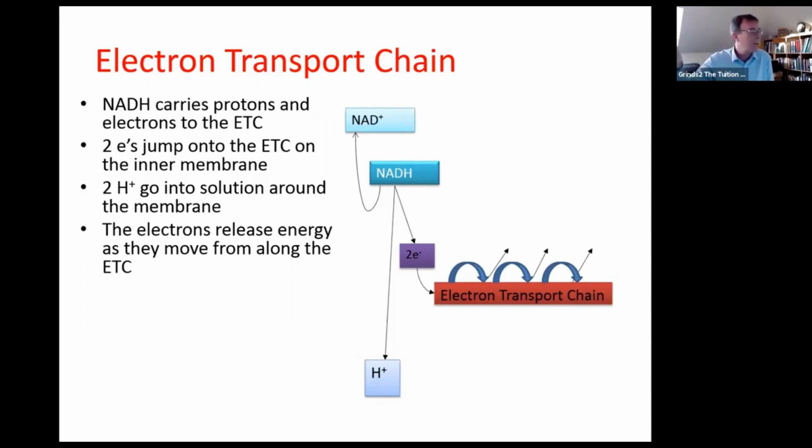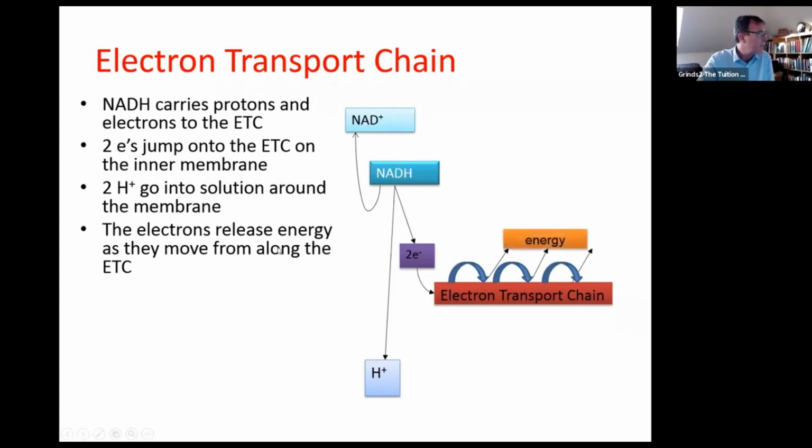The energy is then used to make ATP. There's a molecule called an ATP synthase. It's not part of the electron transport chain, but it's right there beside it. And it's going to use the energy released from the electron transport chain to make ATP. So you just need to know that the energy released from the electron transport chain is used to make ATP, okay?